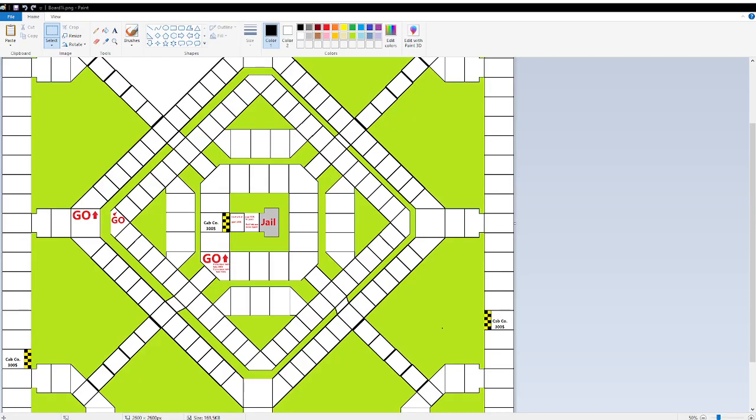So there's 32 spoke spaces, so there's nearly 300 spaces on this board. Oh, that's right, if you put in the central area, that's another 3. So I think I actually literally have 299 spaces on this board that I drew up. Exciting, isn't it?